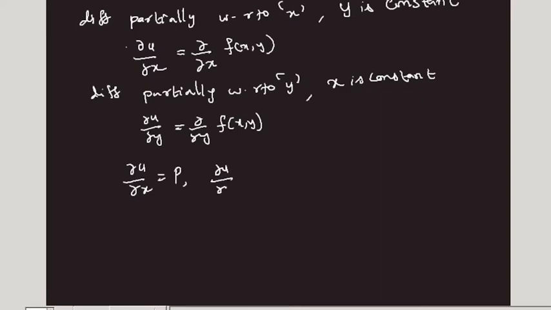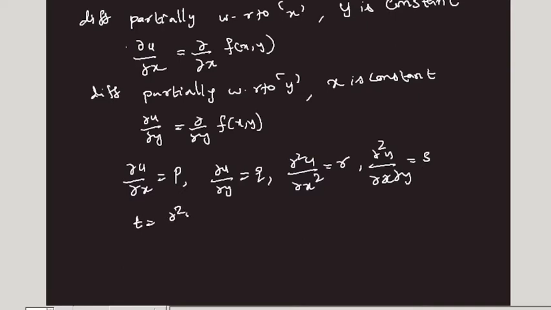Dou u by dou y is q. Dou square u by dou x square is r. Dou square u by dou x dou y is s. T is dou square u by dou y square.